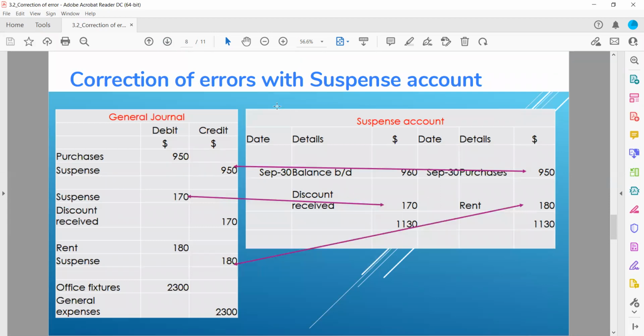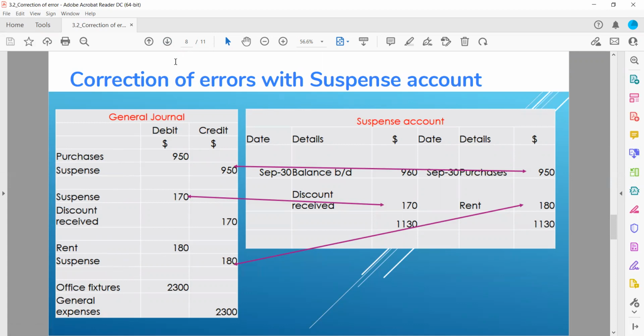How do we use the general journal to do the correction of the account? For example, if we have the adjustments: debit purchases, credit suspense account; debit suspense, credit discount received; debit rent, credit suspense; and another error: office furniture, credit general expenses.